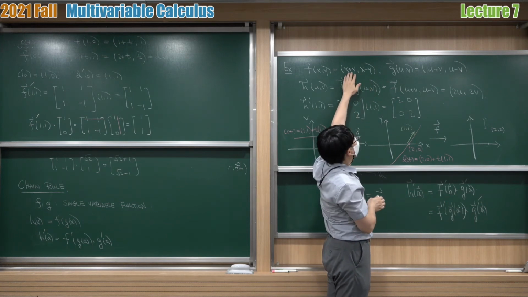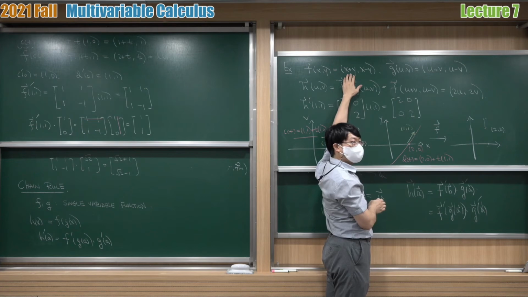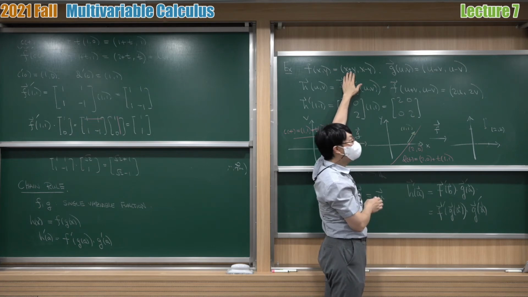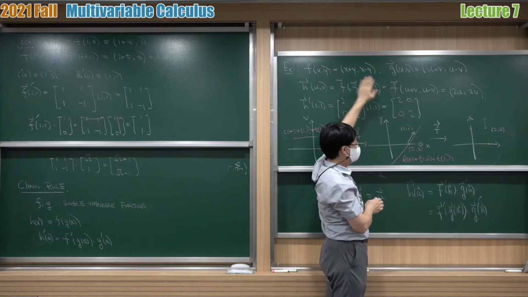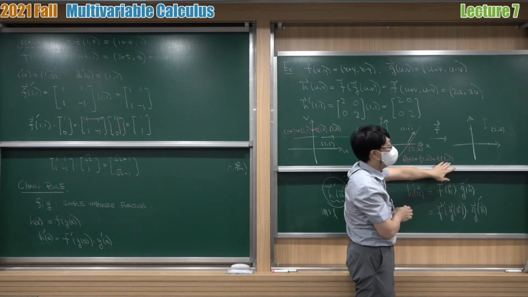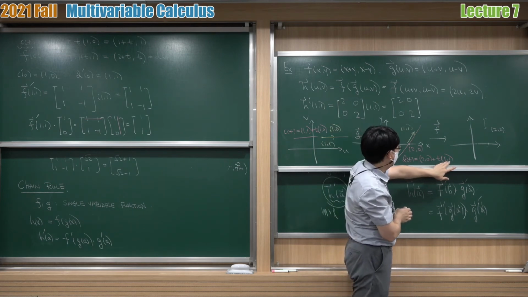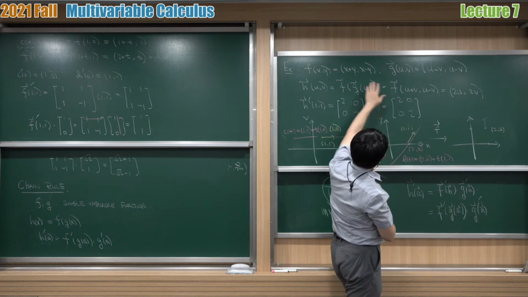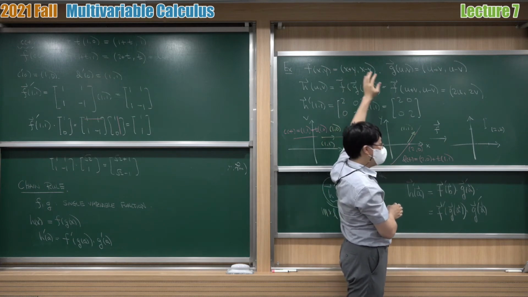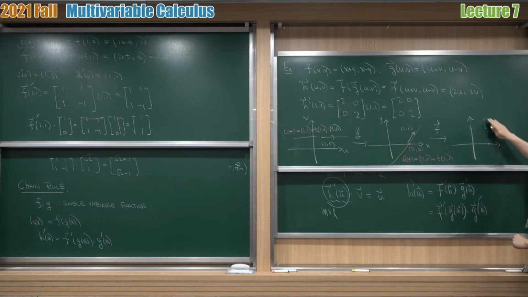How about the first coordinate? Increased by 2, right? Because it adds up together. Although it moves along t, but here we have 2t. So you can guess that it moves from 2, 2 in the direction parallel to the x-axis by 2, 0.